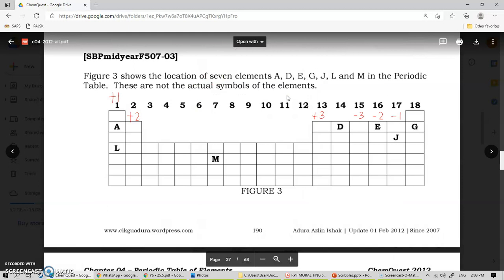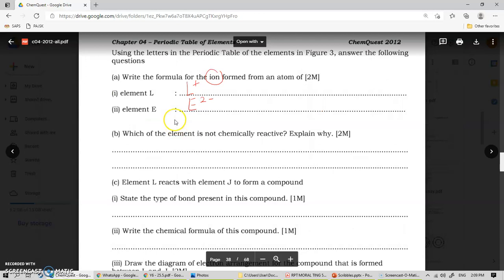L is in group 1 and period 4. That means the electron arrangement will be 2, 8, 8, 1. It has 4 shells filled with electrons, therefore it's in period 4, and group 1 because of the 1 valence electron.